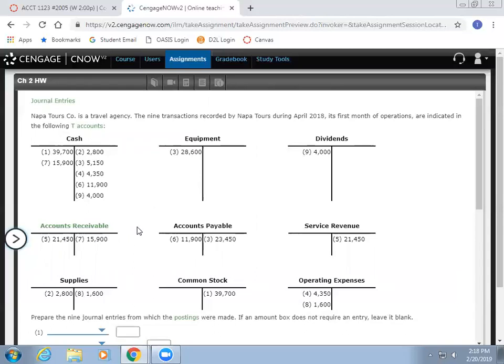Oh, number 7, you're missing your credit, and same with number 8. Number 7 needs a credit to accounts receivable, and number 8 is supplies. Okay, thank you. You're welcome.